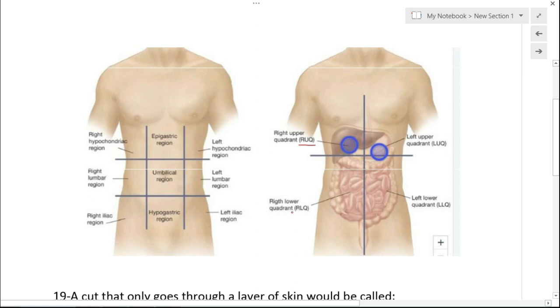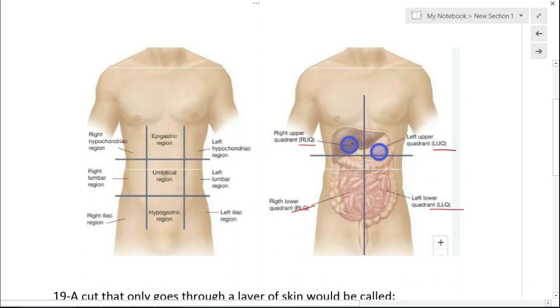The second is RLQ, right lower quadrant, on the right side and lower part. The third is LUQ, left upper quadrant, on the left side and upper part. Then LLQ, left lower quadrant, left side and lower part.